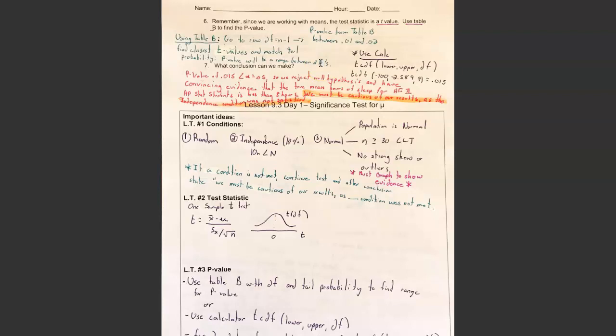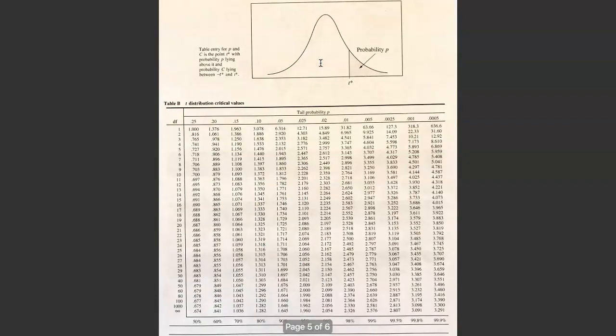So I'm going to scroll over to our table. That would be in your AP formula sheet. And we find our degrees of freedom, and it was what? It was 9. So we're going to be looking in this row here. We're looking for negative 2.589, but obviously it's all positive, so we're going to look for where positive 2.589 would fall. And we see it falls between these two numbers right here.